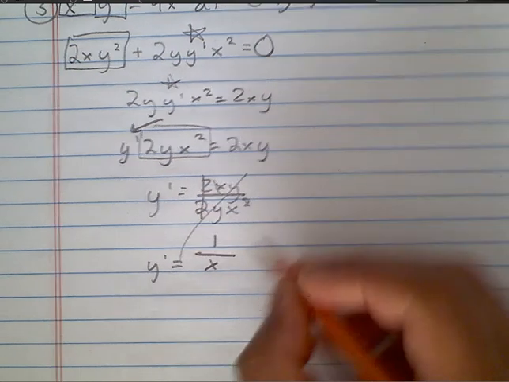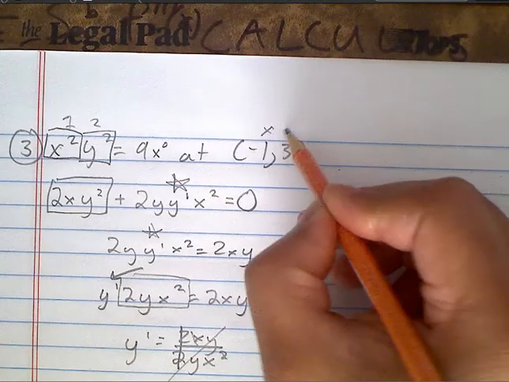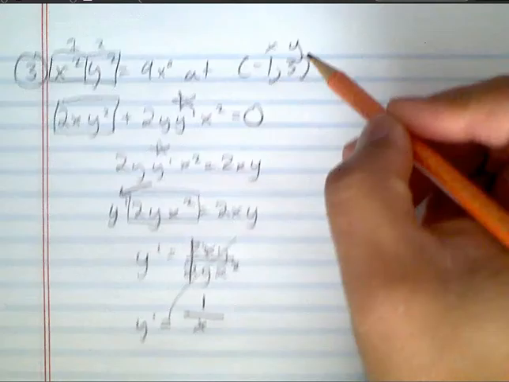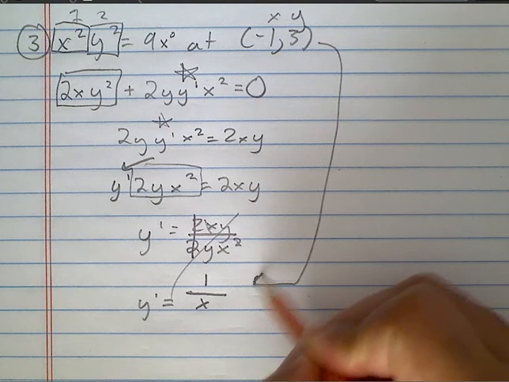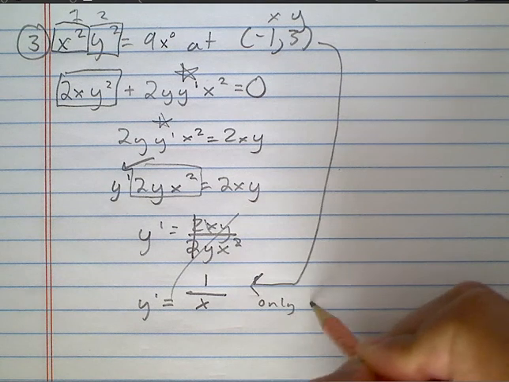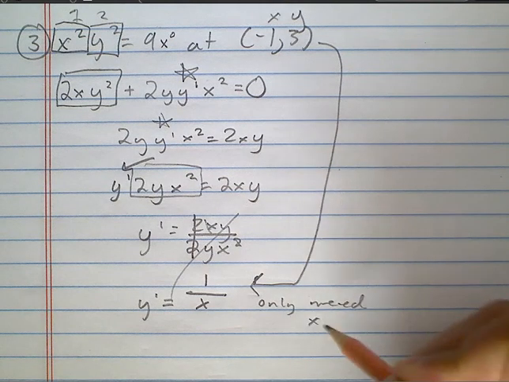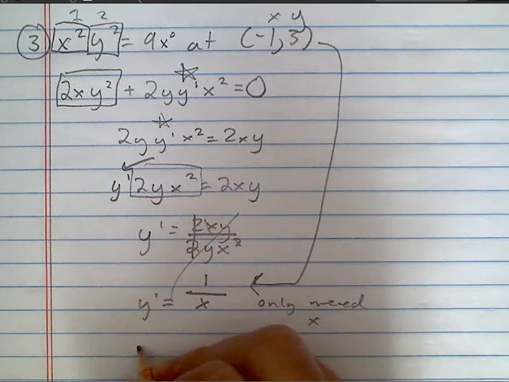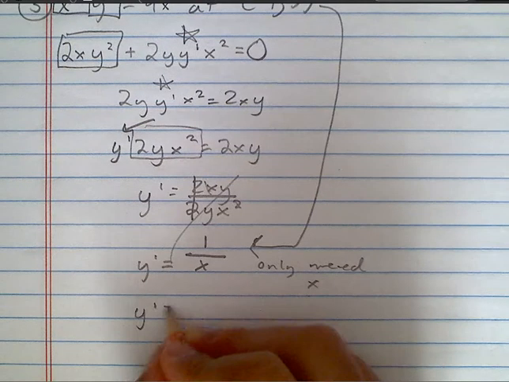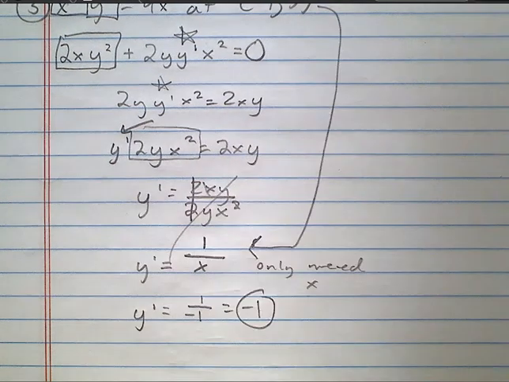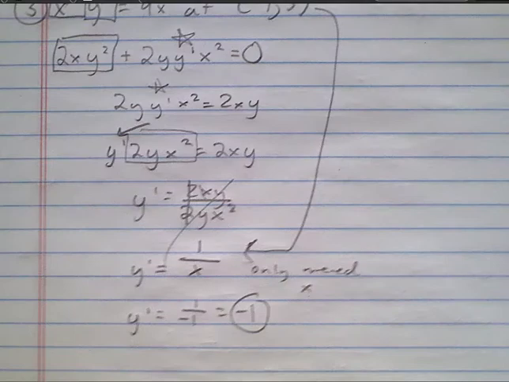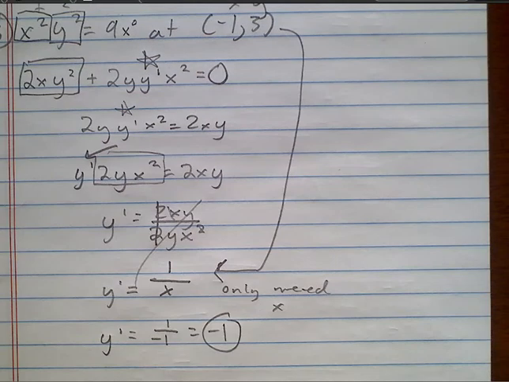Alright, so let's plug in your x and your y into your derivative. Well, here you only need x. So your x is negative, x is negative 1. 1 divided by negative 1 is negative 1. Another simple answer, well, to a simple derivative.